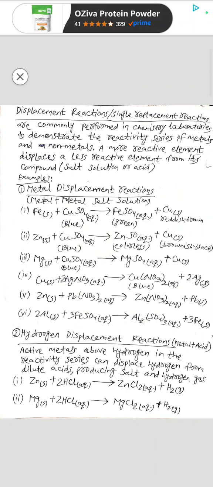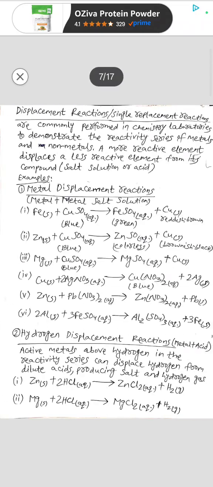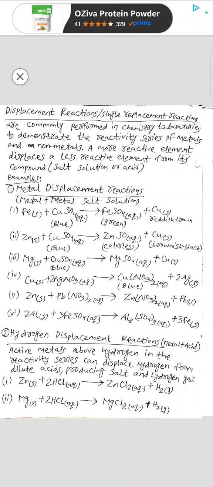Okay. The displacement reactions, I have classified generally into four types. The first one is metal displacement reaction. When one metal will displace another metal from its salt solution, that is metal displacement reaction. The second one is hydrogen displacement reaction. When a metal displaces hydrogen from an acid, that is hydrogen displacement reaction.